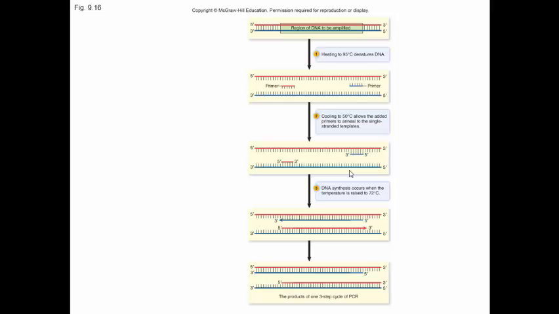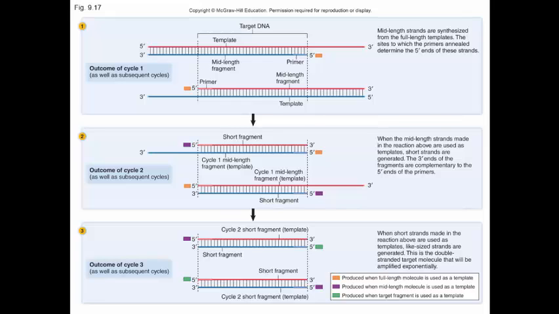And after the minute's up, boom, you heat and you separate again. Okay? Now, if you keep going through this cycle, process after process after process, you have ample primers, you have ample free nucleotides, and the thermostable DNA polymerase is able to work.